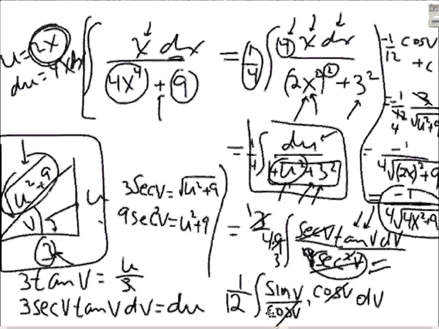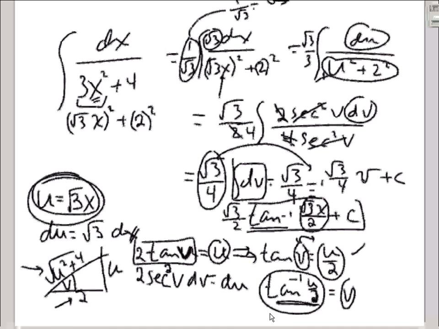Near the bottom left it says 3 tangent v equals u. I did the wrong differential. I integrated the thing. Sorry about that. That's wrong. Let's see if maybe we'll retry that.